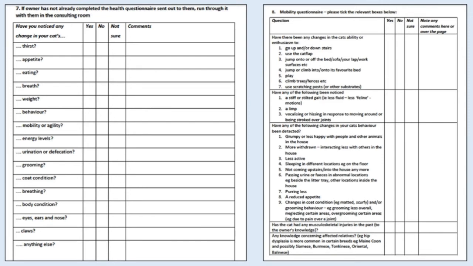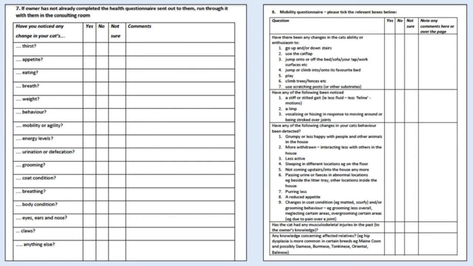And so they include, for example, have there been any changes in the cat's ability or enthusiasm to do certain things like go up and down the stairs, use the cat flap, jump onto the bed. Also, have you noticed any signs of pain, stiff or stilted gait, a limp, vocalising when stroked over joints? Has your cat's behaviour changed?